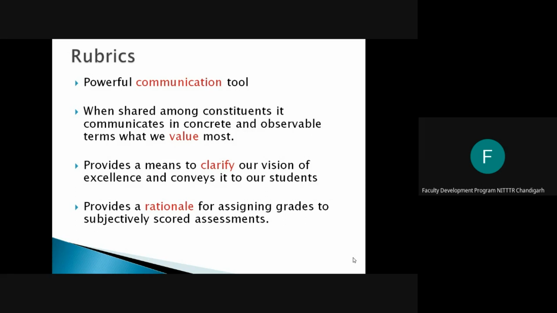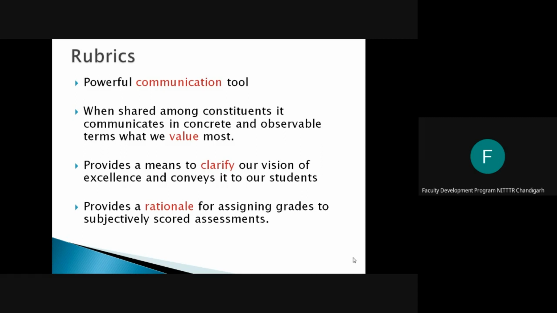See, what happens in our conventional assessment, let me take an example. Suppose a student appears for an examination and gets 70 marks out of 100. Now we give that student 70 marks out of 100, but we are not telling the student where the student is weak.